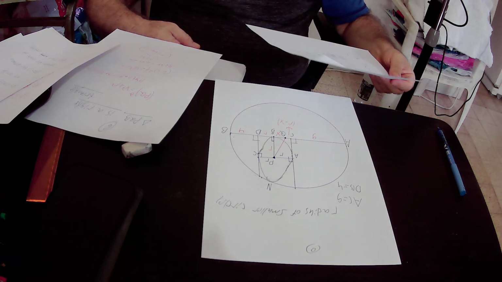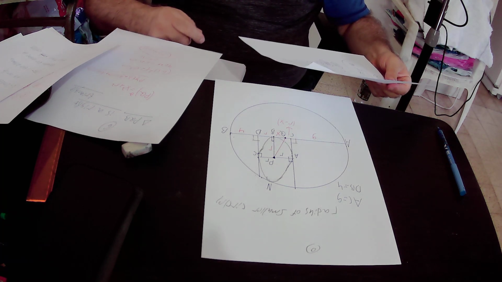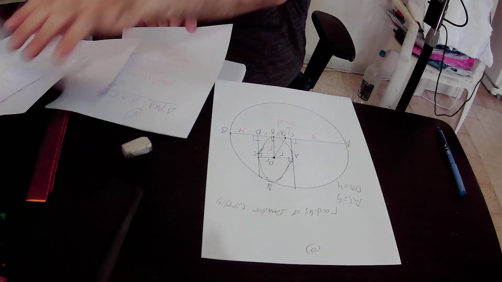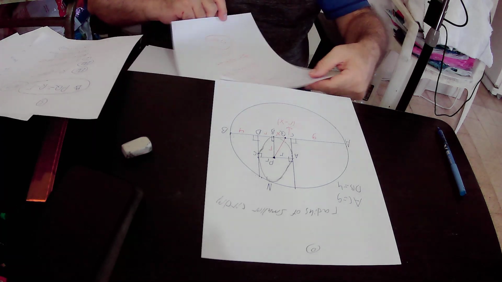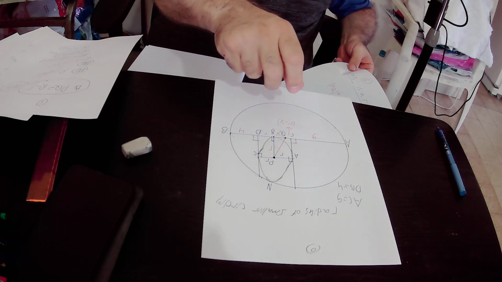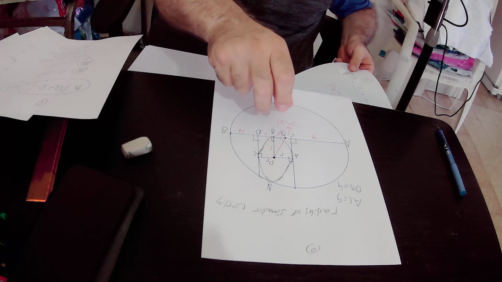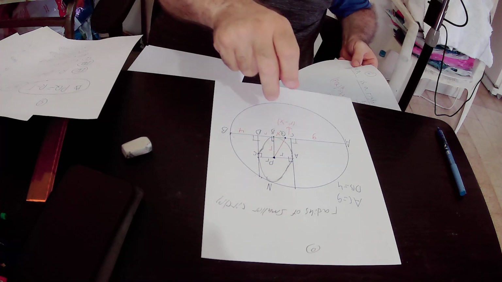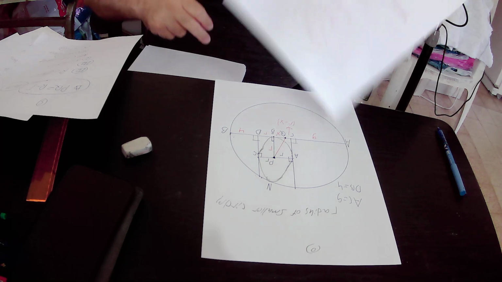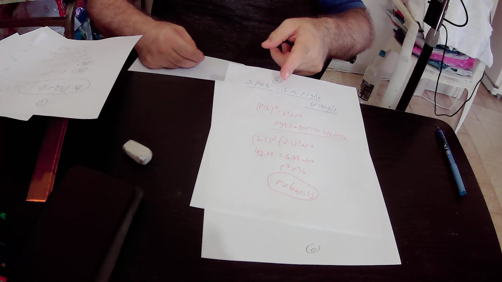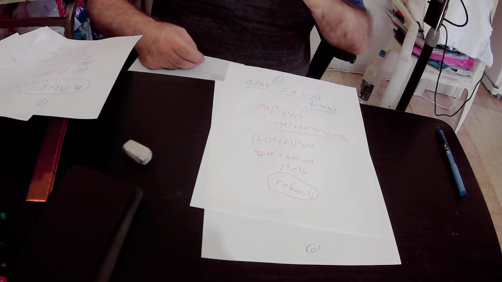So we solve a very simple equation. According to the Pythagorean theorem, the square of the hypotenuse equals the sum of the squares of the perpendiculars. That is to say, PQ square equals QB square plus PB square, or PQ square equals x square plus r square.